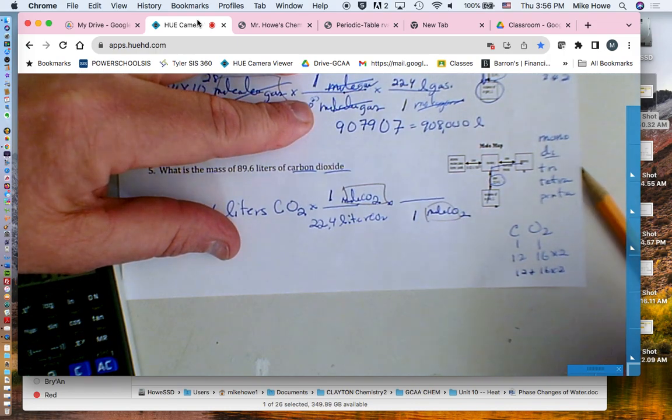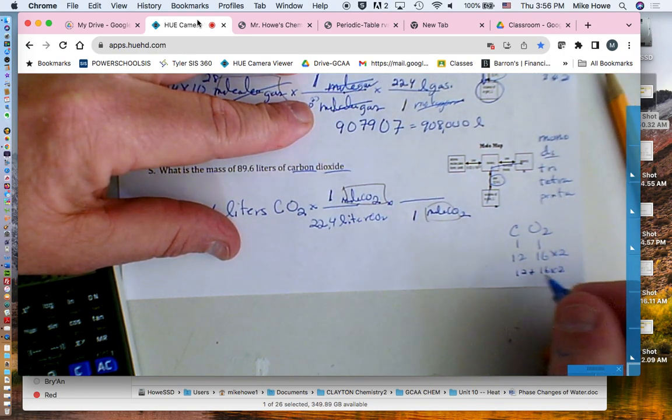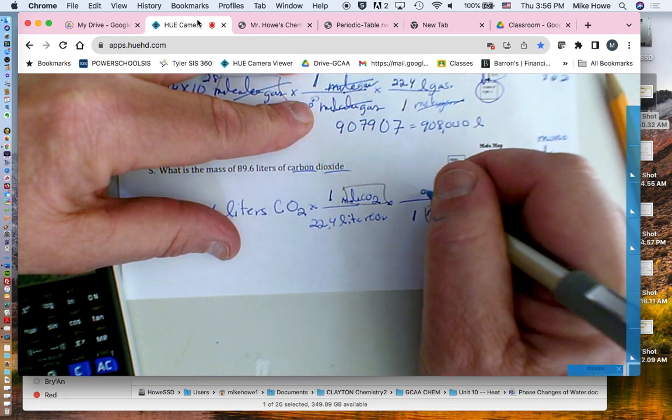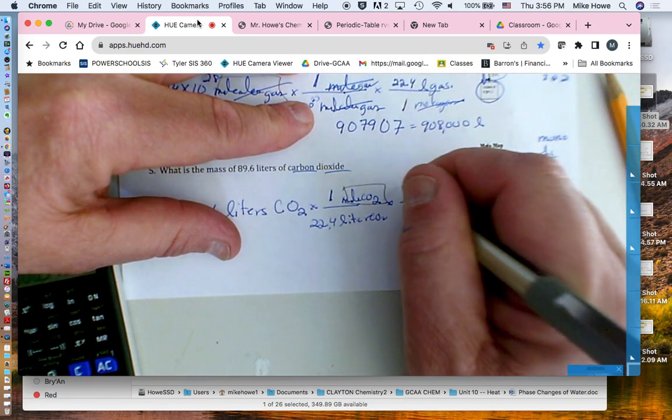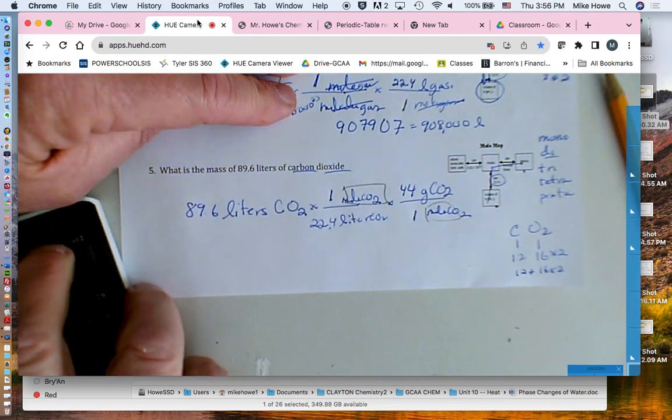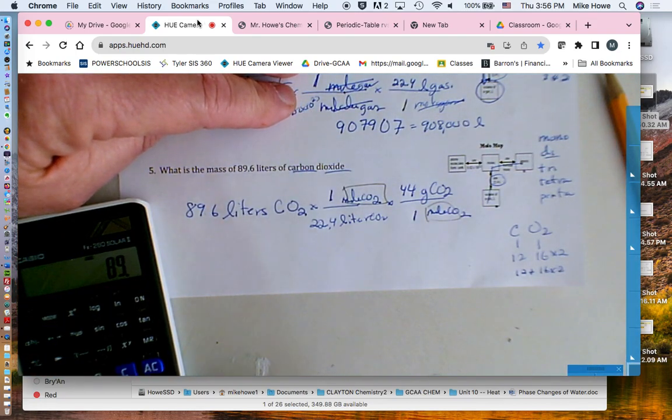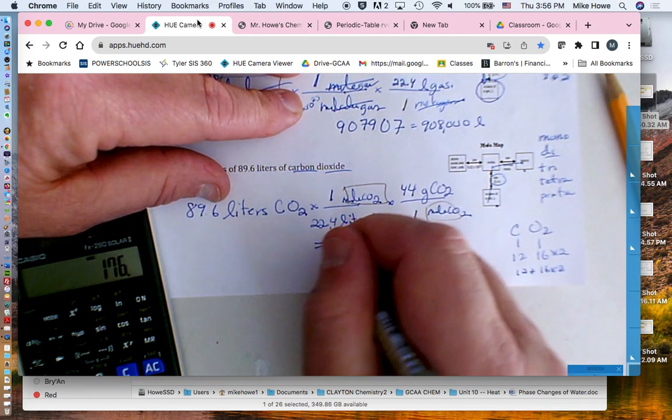In order of operations from your math class, you're going to do the multiplication first, so that's 32 plus 12 is 44. So that number will be 44. So now we have 89.6 multiplied by 44, and divide that answer by 22.4, and we get 176.